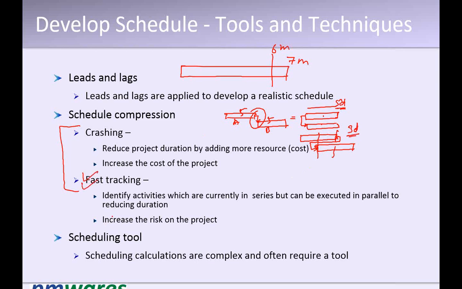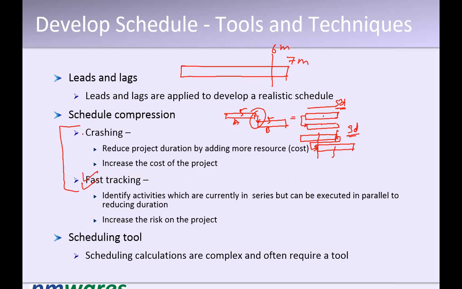The activities that were in sequence, now we evaluate to do them in parallel or take a lead on that to save time. That is called fast tracking. Please remember these actions are taken on the critical path only, because only the critical path decides the project duration. Doing such things on non-critical activities has no benefit. It will increase the float.